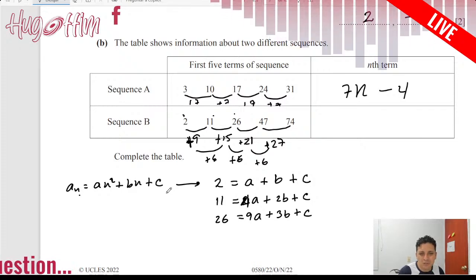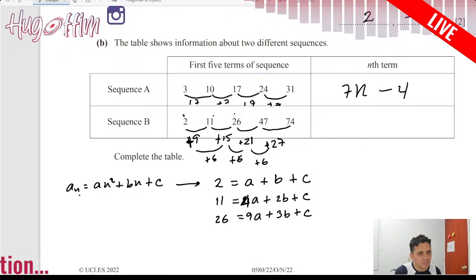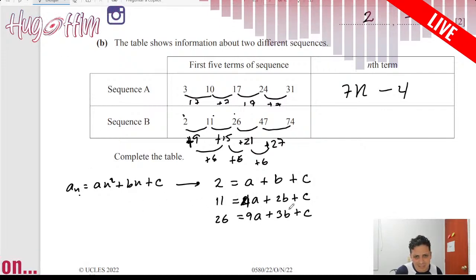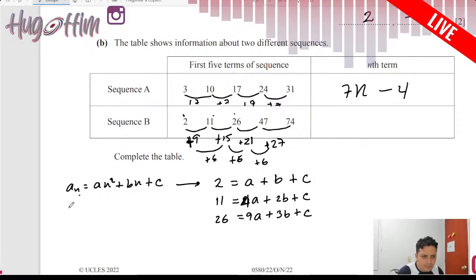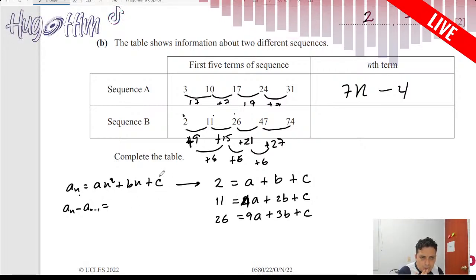I think I'm going to do the second difference, I think I have time. I'm going to do the second difference because I'm lazy to simplify this system of 3 equations and 3 unknowns. So how to get the first difference? The first difference is a sub n minus a sub n minus 1. I'm going to get rid of c.